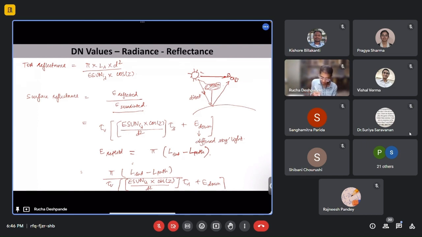So here, all the other things will be provided in the metadata, but for these terms we need to find out how to measure them in order to correct for the atmospheric effects and obtain the surface reflectance.